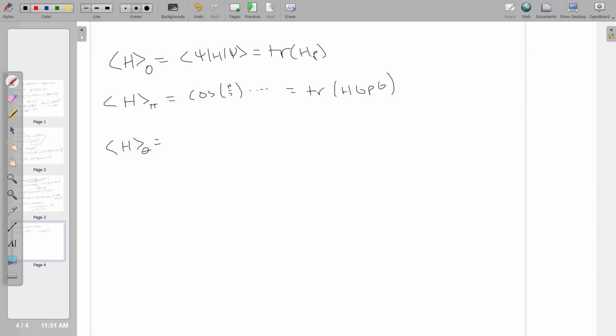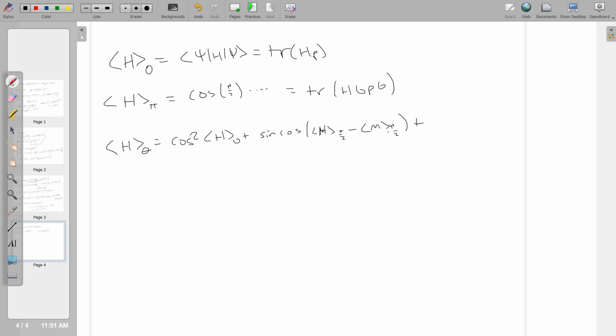as cosine squared, and then we know h 0, we have plus sine cosine, then we have h pi over 2 minus h negative pi over 2.